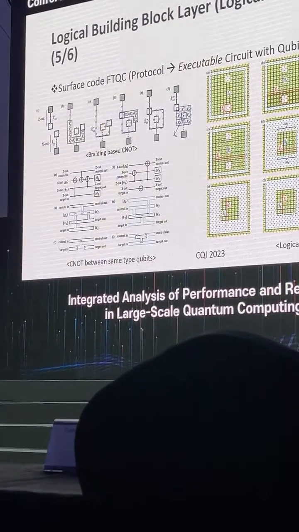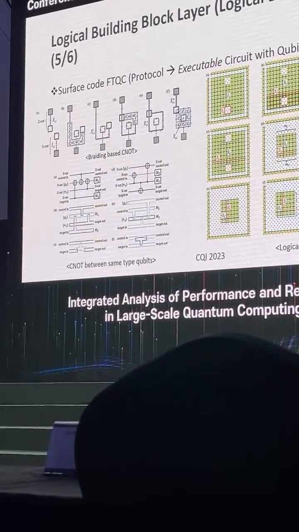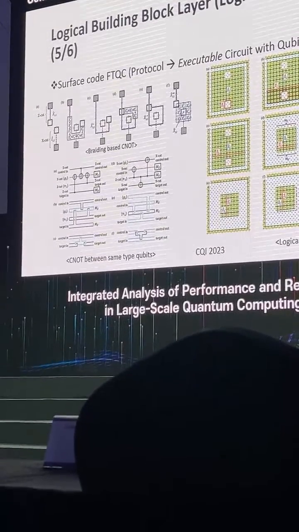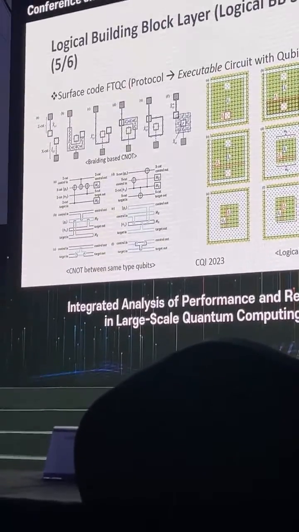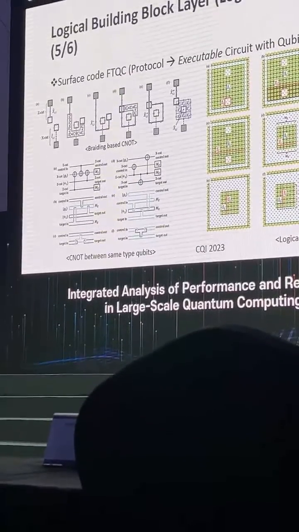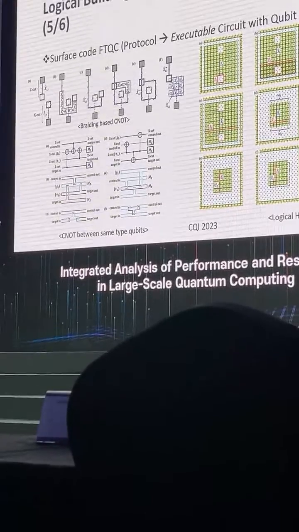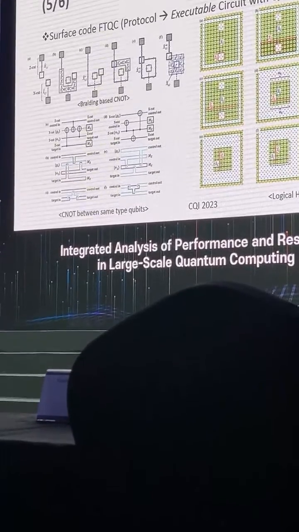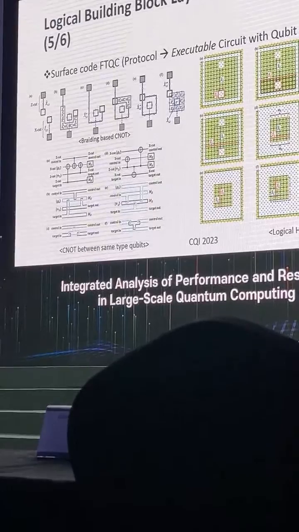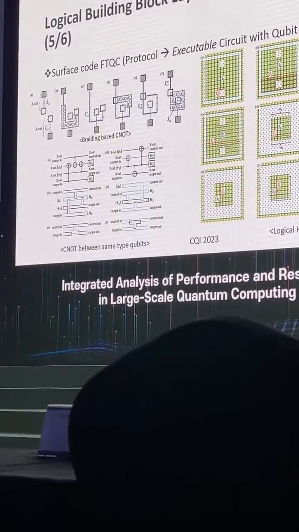And then the circuit's code time. But as you see, the topological code represented by circuits can be directly a quantum circuit if the qubit lattice is provided. In this case, we can find the resource and performance by just analyzing the protocols.